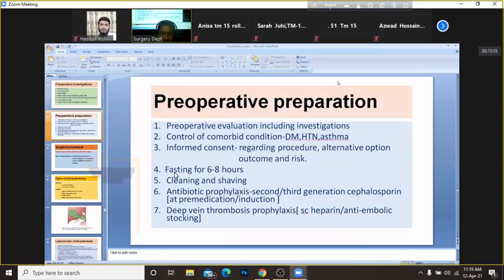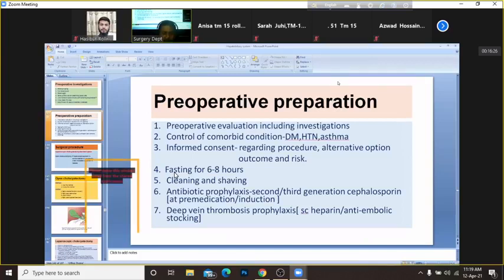So in case of laparoscopic cholecystectomy, whenever we are taking consent, it is usually routine practice to take an extra comment that the patient agrees to open cholecystectomy if the situation demands, or if any other complication develops that needs immediate conversion from laparoscopic cholecystectomy to open cholecystectomy.